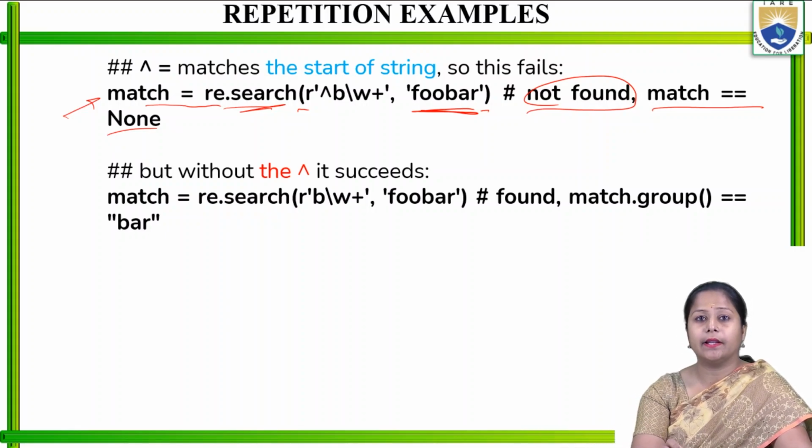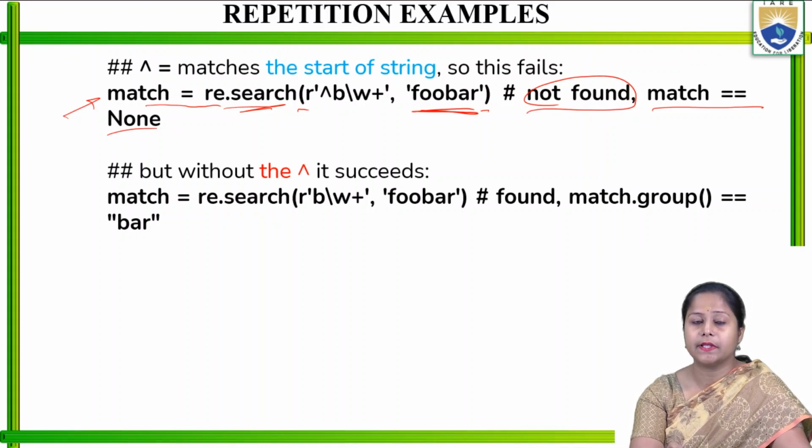If I write this syntax again without the caret sign, it is actually going to match the pattern. So I would write match = re.search(r'b\w+', 'foobar').